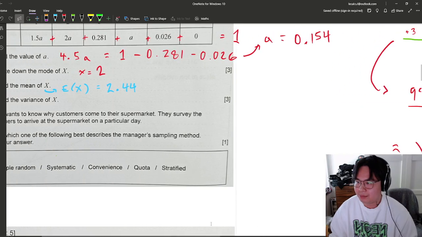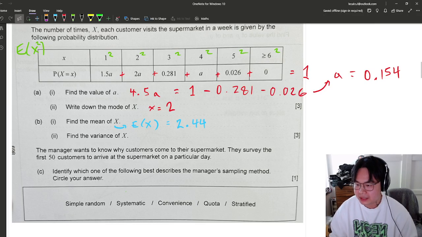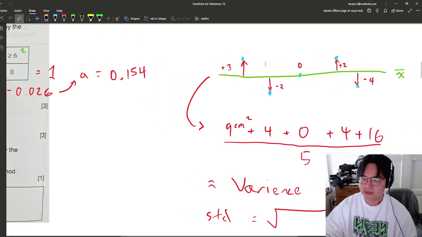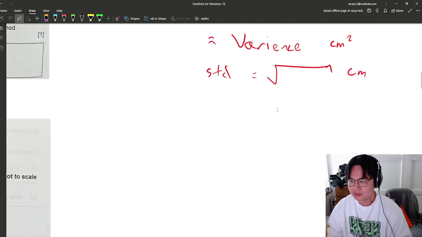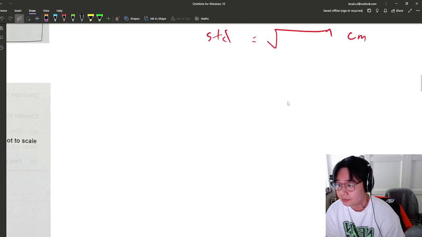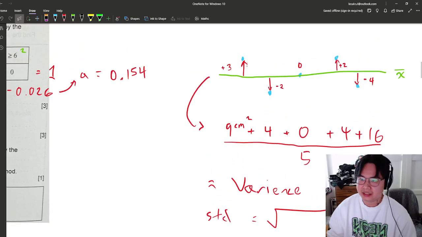So how does that play into here? Find the variance of a random variable. Basically, you do all of this, right? Okay, I'm gonna do this very quickly because I'm spending way too much time on this. So variance is you take the residuals, you square them, you average them.